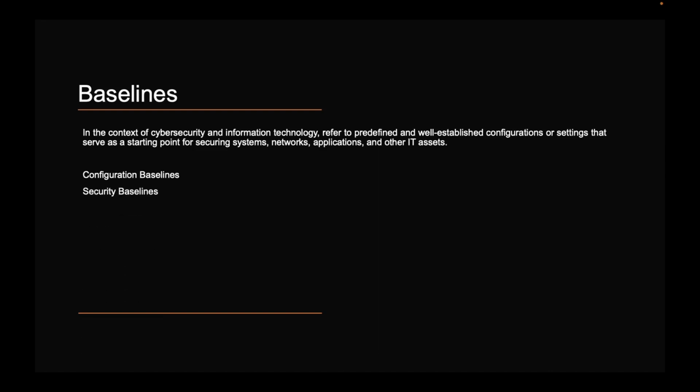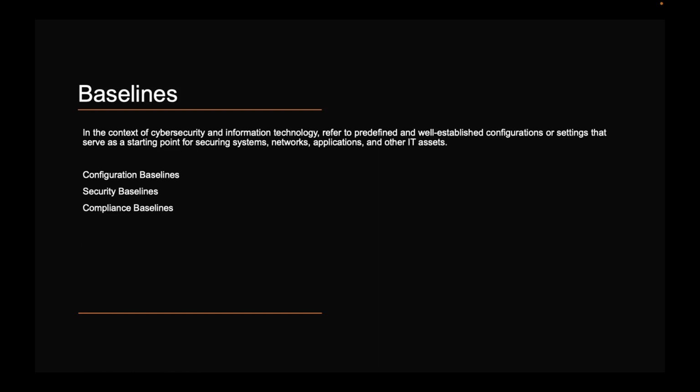Security baselines. These baselines focus on security-specific settings and controls in order to protect against known or unknown vulnerabilities and attacks. Security baselines often include guidelines for implementing firewalls, intrusion detection systems, encryption protocols, access controls, etc.